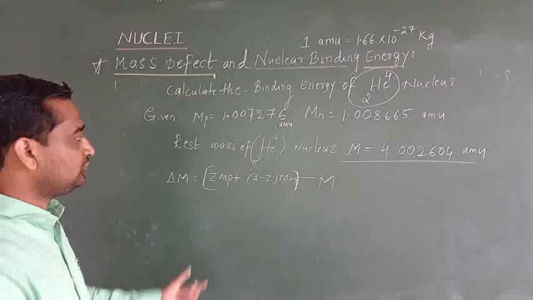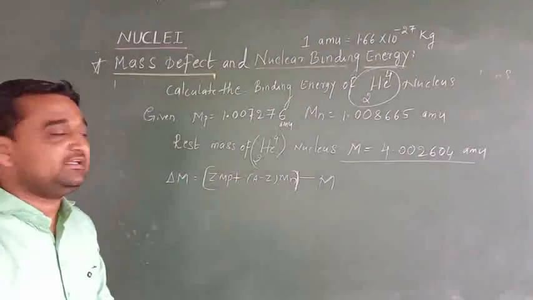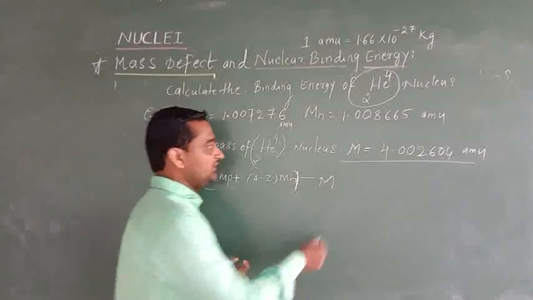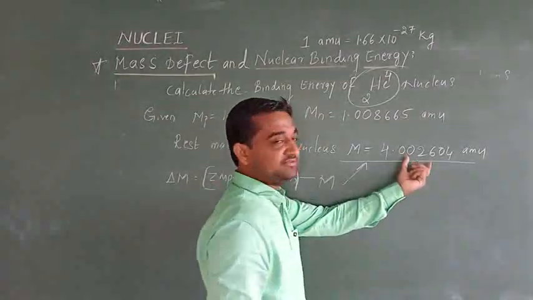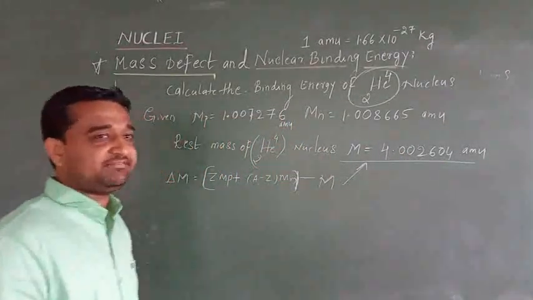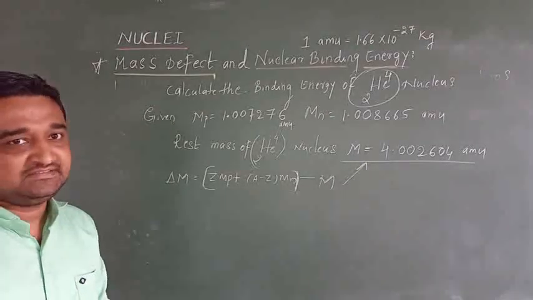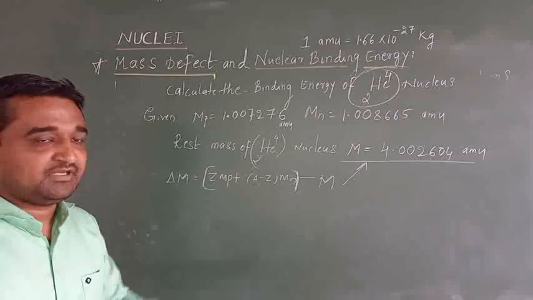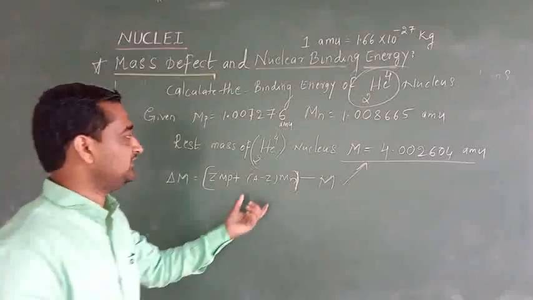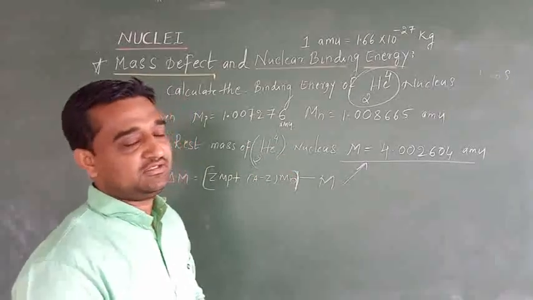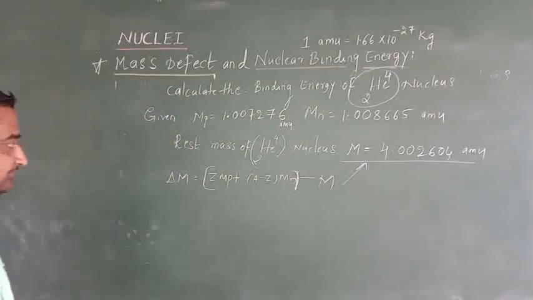So what is the expected mass of the helium nucleus? That is the sum of the masses of the nucleons. But here the measured mass is this one. Now let us calculate the difference. If the difference is 0, then there is no loss of mass, so the mass defect is 0. If we get some positive value from this difference, then there is a mass defect. The mass is lost there, right?